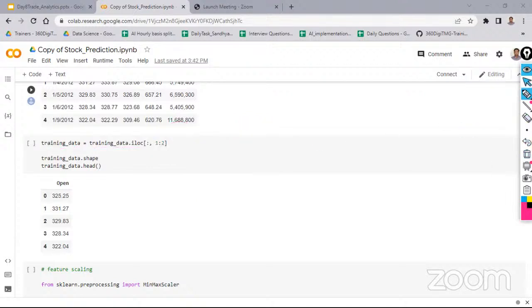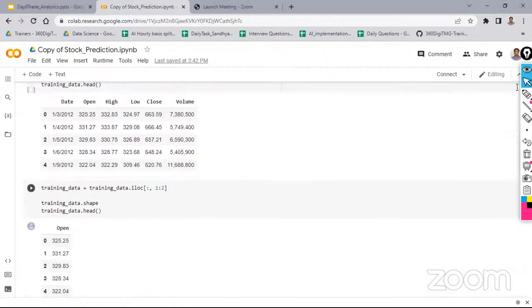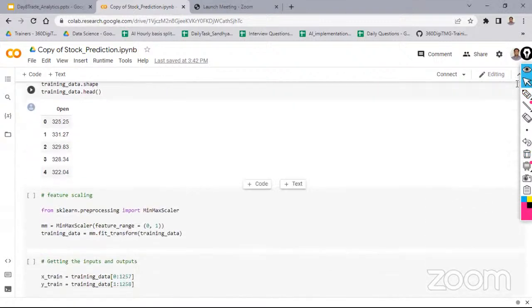So when I say iloc first column, the index will start from 0, 1, 2, 3, 4, 5. So that means it considers this. So I'm training the model with open. Hope you are getting this, and the shape and the values. So we need to concentrate on the open value and then we are predicting.